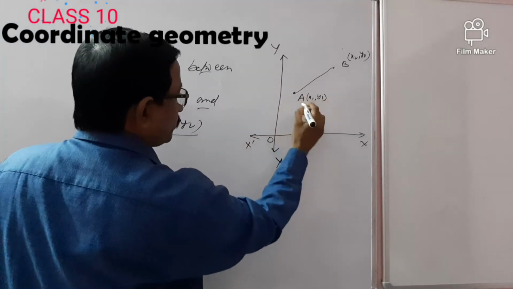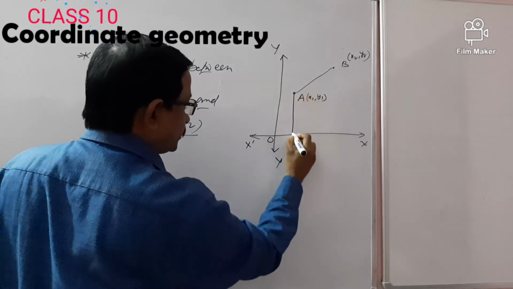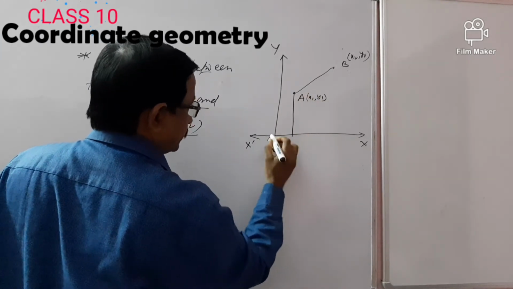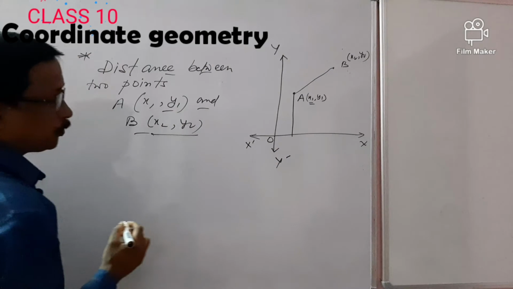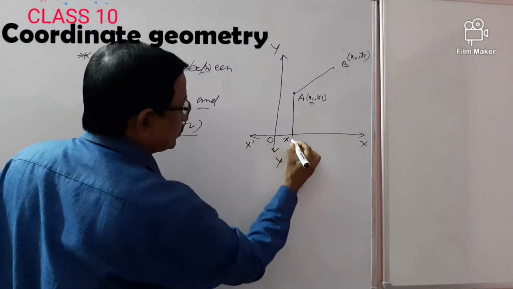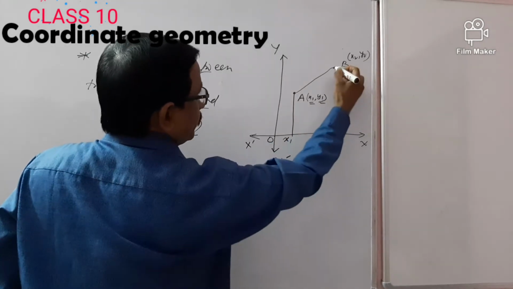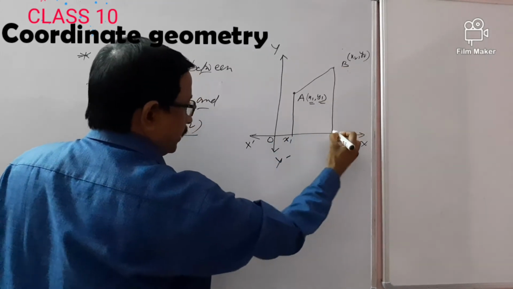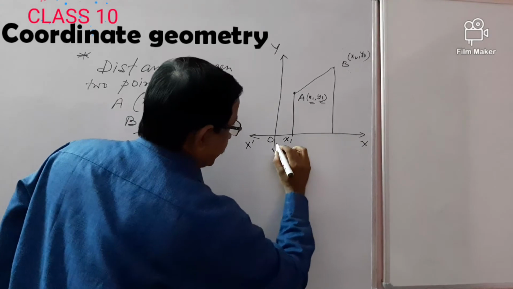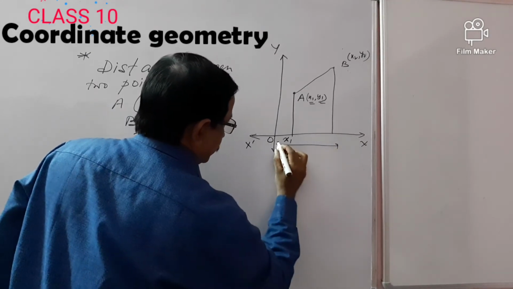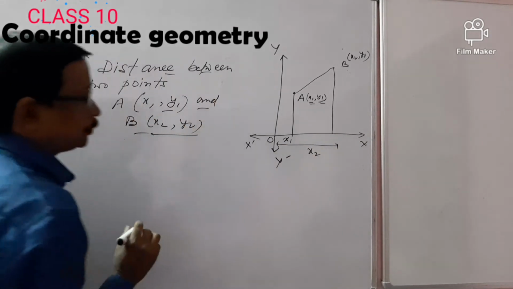So you just think of it. What is the distance of this point from the origin? As the coordinate is x1, that distance is x1. And what is the distance of this one? If you consider a perpendicular line on the x-axis, this length is x2.